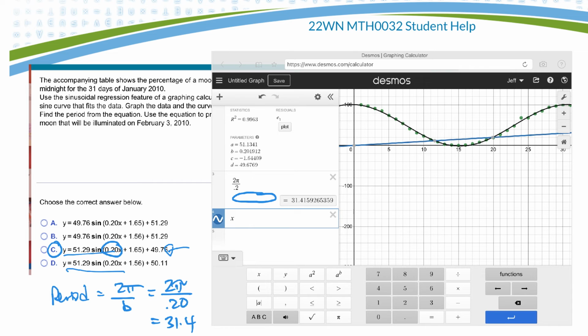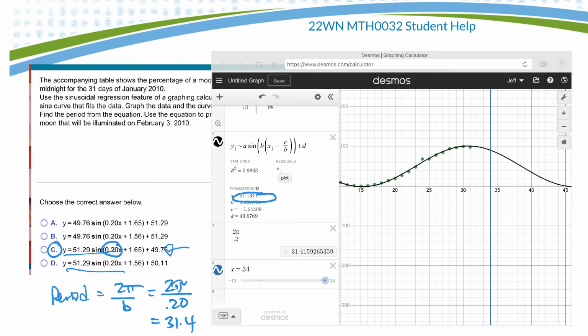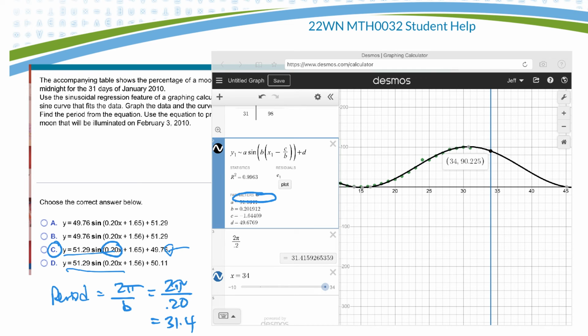So I'm just going to write x is equal to 34. And then over on 34, it draws a line there. And what you can do is just tap in between there. So at 34, on day 34, or in other words, February 3rd, what is it showing? Percentage of the moon showing would be 90.2.